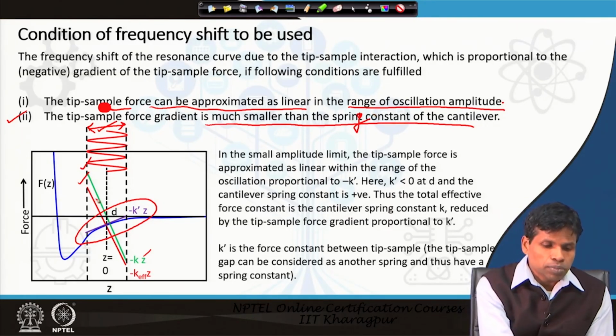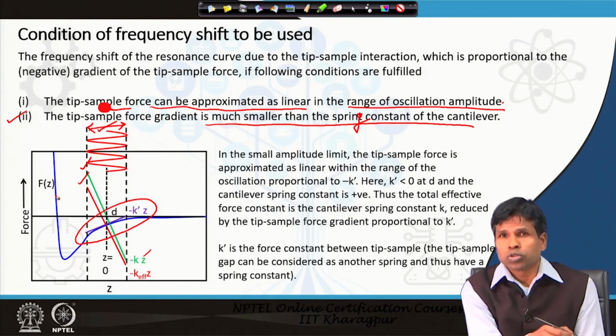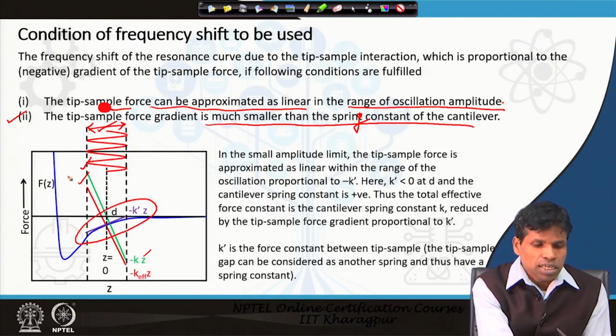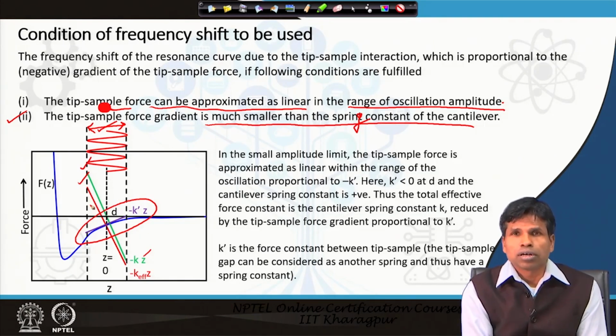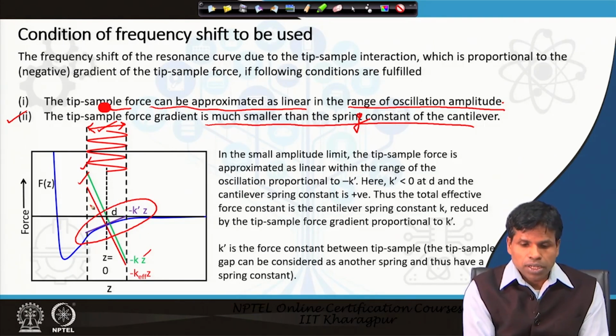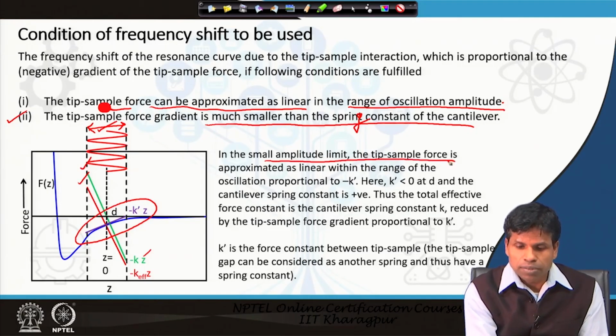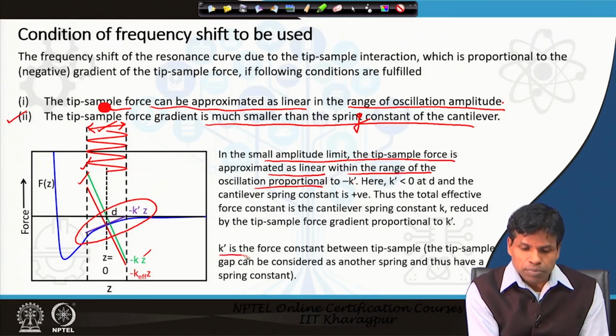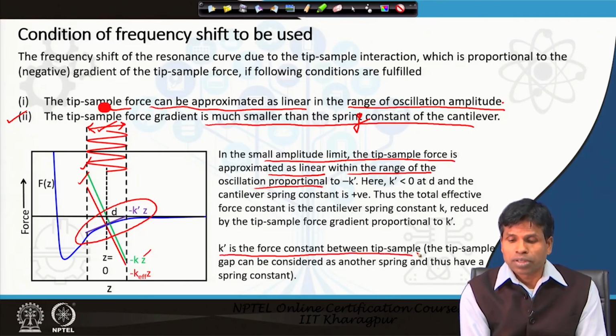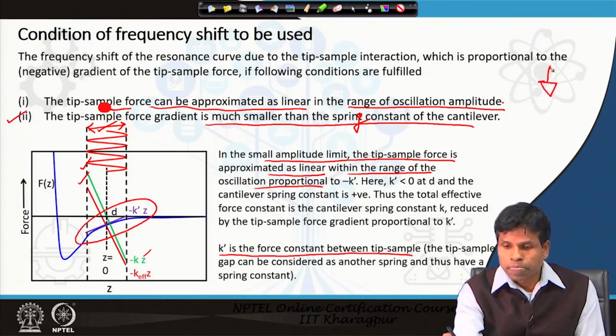Otherwise, the tip or probe will directly go and touch the sample, and this linear portion will not be observed. So, in the small amplitude limit, the tip sample force is approximately linear within the range of oscillation, proportional to minus k prime, where k prime is the force constant between the tip and sample.